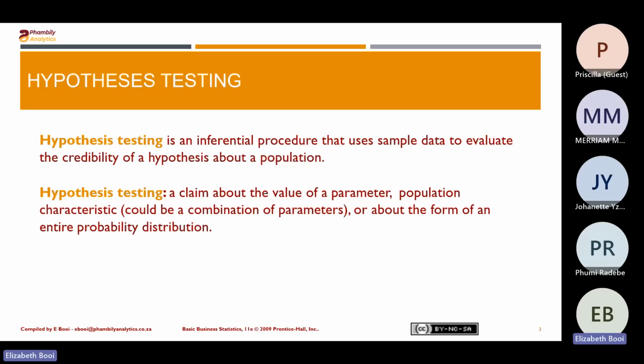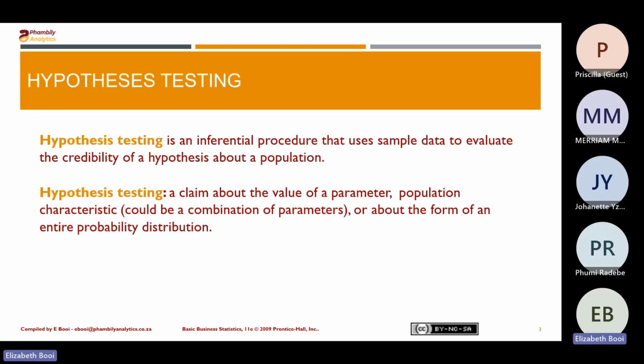When we do hypothesis testing, we are trying to create a claim about the value of your population parameter using the sample statistic. We are trying to form a claim that will help us make a decision around the entire population.